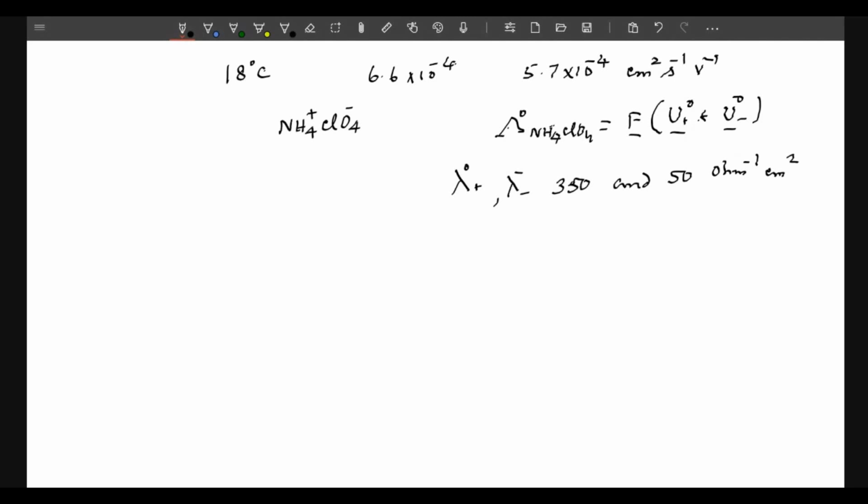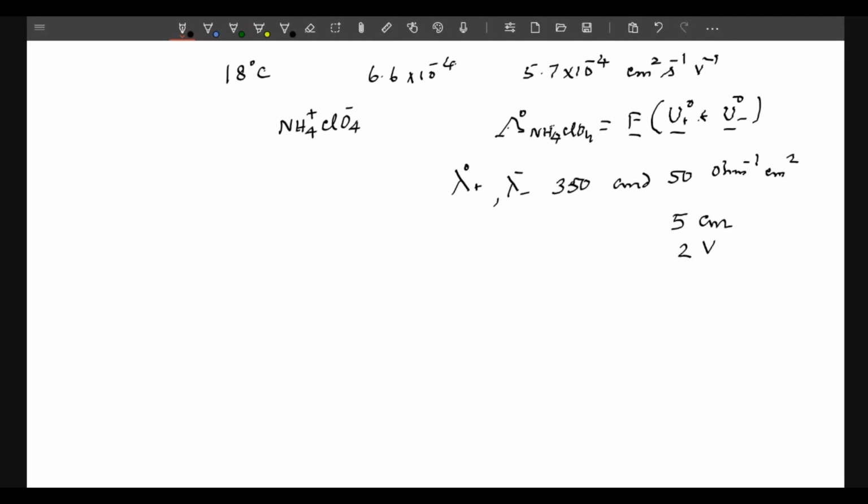Look here, ionic mobility they want, ionic velocities also they want, present in a cell in which the electrodes are 5 centimeter apart and a potential difference of 2 volt is applied. Once again, try and read the problem. First, what is given, what is asked. If you write down these two, immediately you can tell which formula you have to apply.